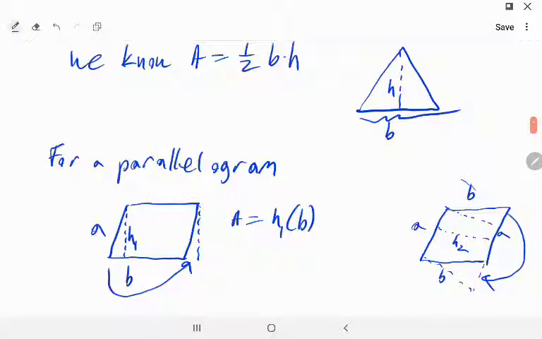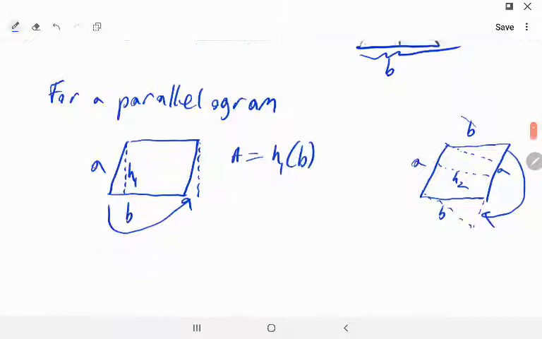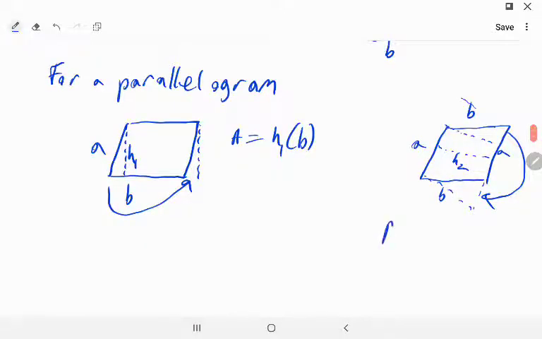We can imagine moving that triangle to the other side of the parallelogram, and again, we wind up getting the area would be H2 times B. And so it's generally just an issue of which height is easier to calculate. We can usually do it either way with a parallelogram.